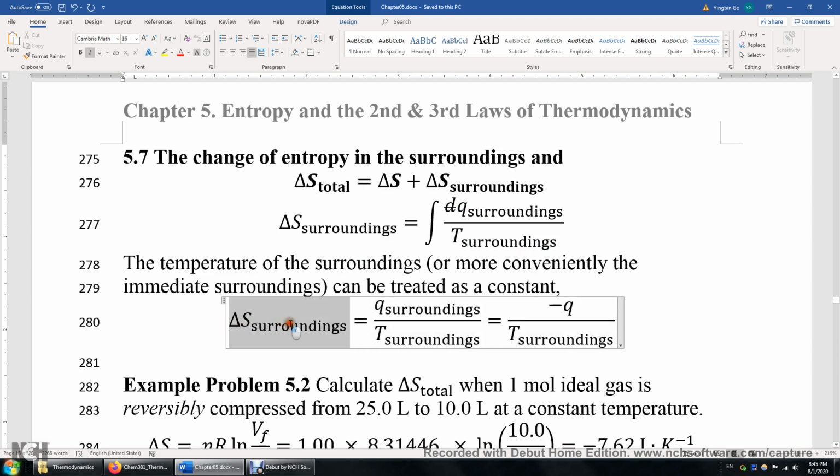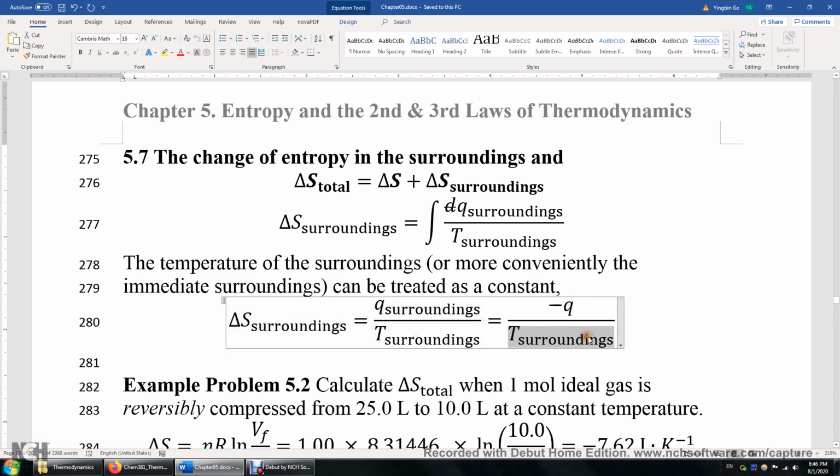Therefore, the change of the entropy of the surroundings is simply q of the surroundings over T of the surroundings. And this q surroundings is exactly negative q of the system. Therefore, we often use this equation to compute the entropy change of the surroundings.